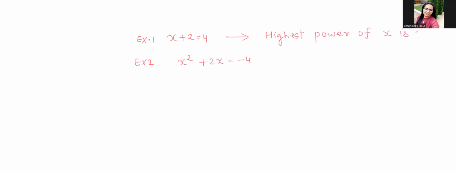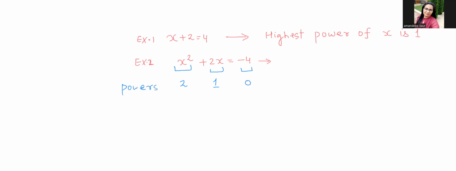But in the second example, in the first term the power of x is 2, in the second term the power of x is 1, and in the last term the power of x is 0. These are the powers.